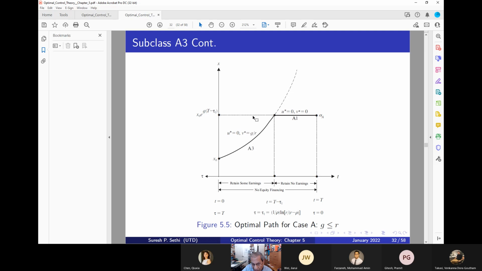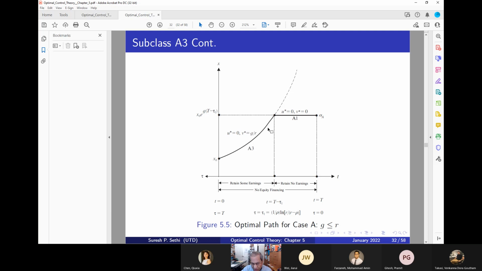V star is g by R on this side and V star is 0 on that side, and that gives us some information. At this particular point, I can have this value or that value. I'm indifferent between the two. So at tau 1, I can have either value. But after tau 1, I must have V star equal to 0, and before tau 1, I must have V star equal to g by R.